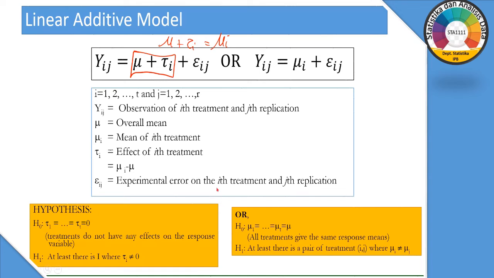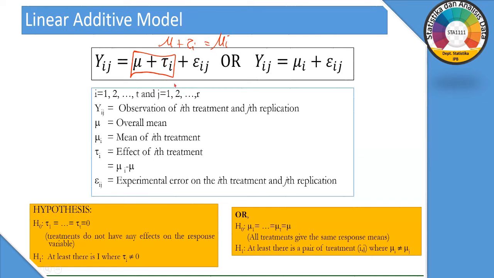What is the hypothesis? The hypothesis is all treatments give the same effect, right? All treatments give the same response mean. Either dose of 5 or dose of 10 or dose of 15 will give you the same response mean. No difference of the effect of dose on the response.